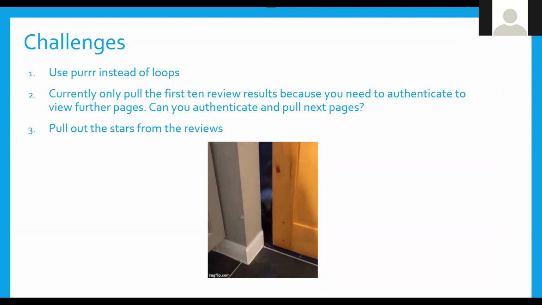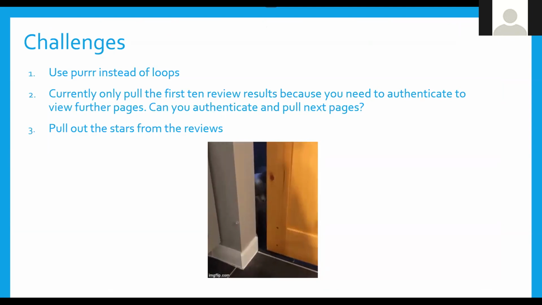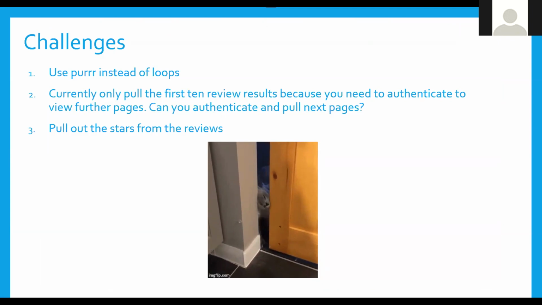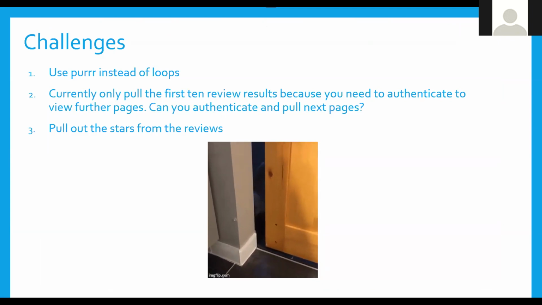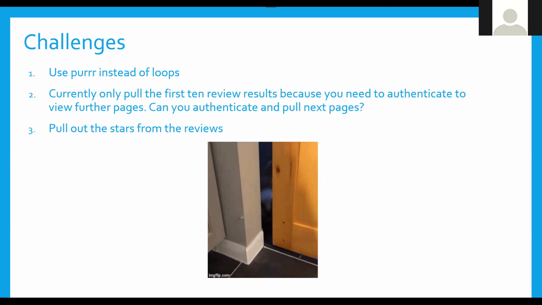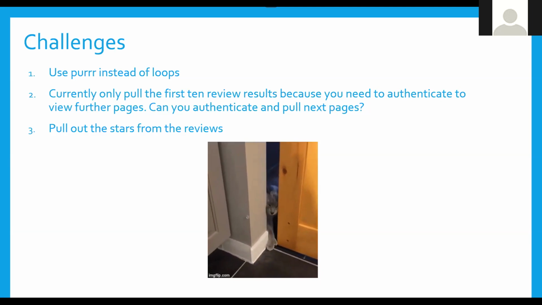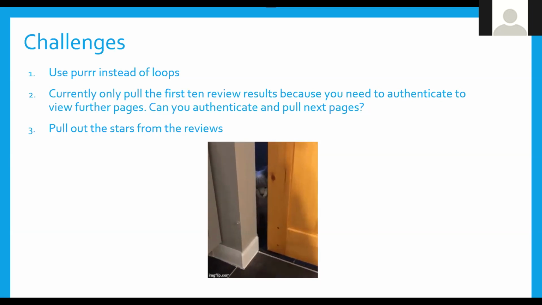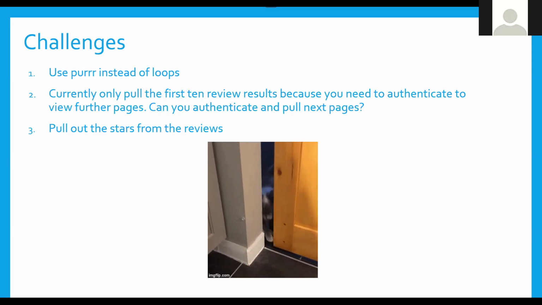I currently only pull the first 10 review results because you actually need to authenticate with Glassdoor to see more than 10 reviews. So if you want to work on authentication with your request, that would be a good challenge. And then I didn't pull out the stars from the reviews, so you could definitely work on that as well.